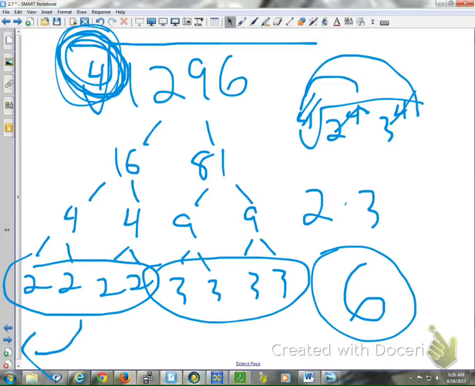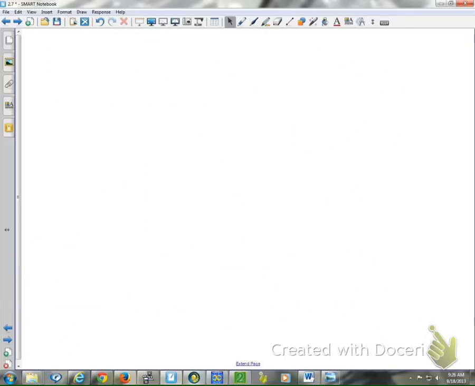Now, let's look at another one. I want you to try to do this one. How about the 5th root of 64? Factor down 64 as far as you can. 5th root of 64.